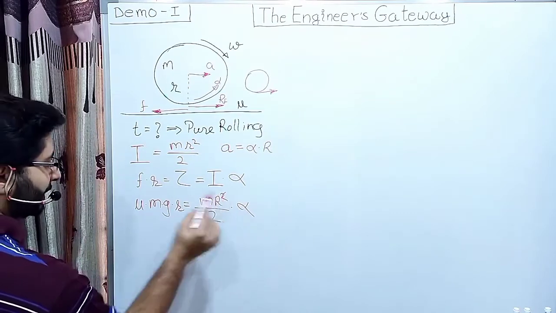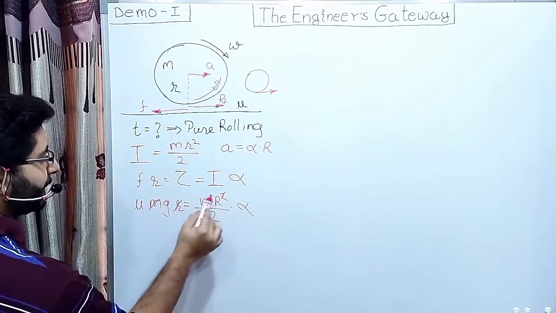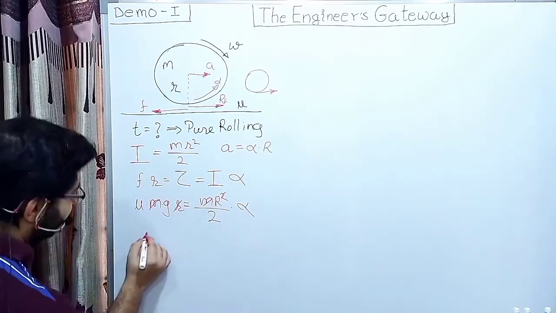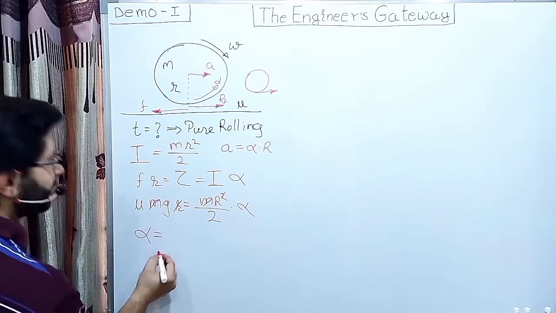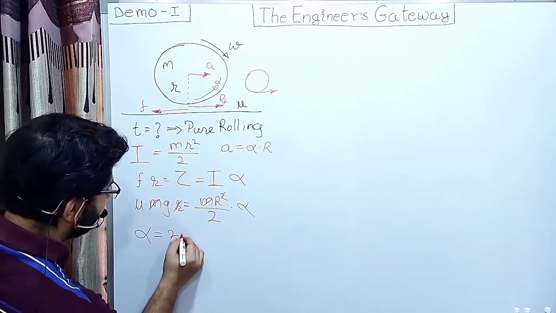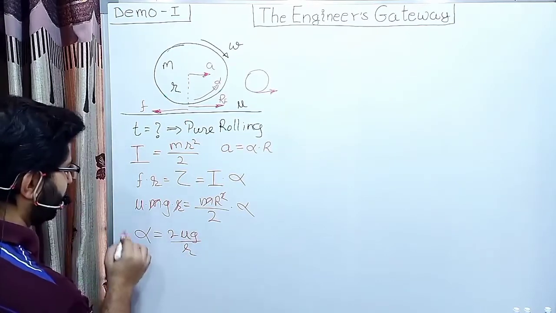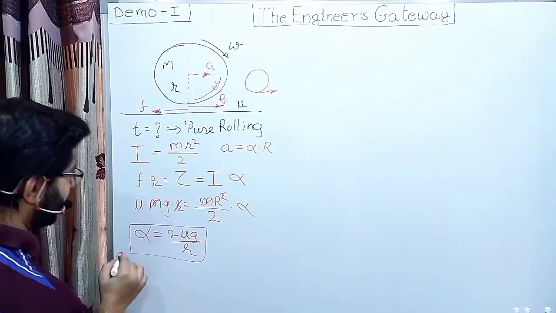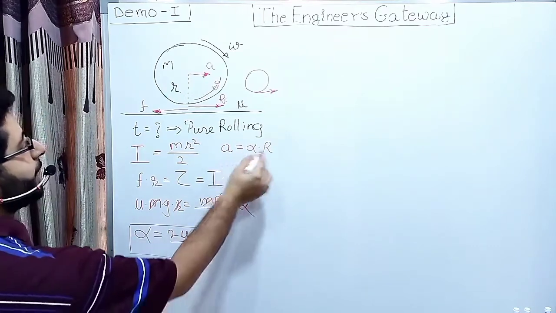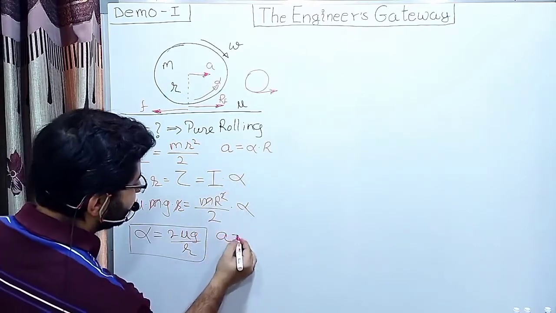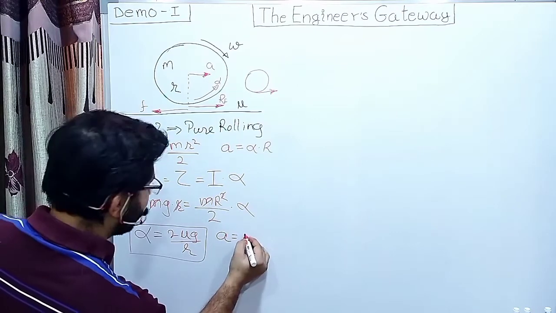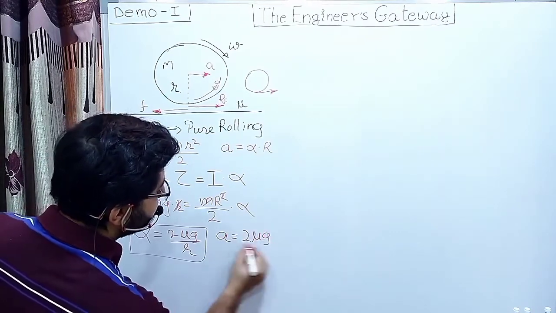So this r square and r, m and m get cancelled. What we are left with is alpha equal to 2 mu g by r. And as we know, alpha into r is equal to a, so linear acceleration a is nothing but equal to 2 mu g.